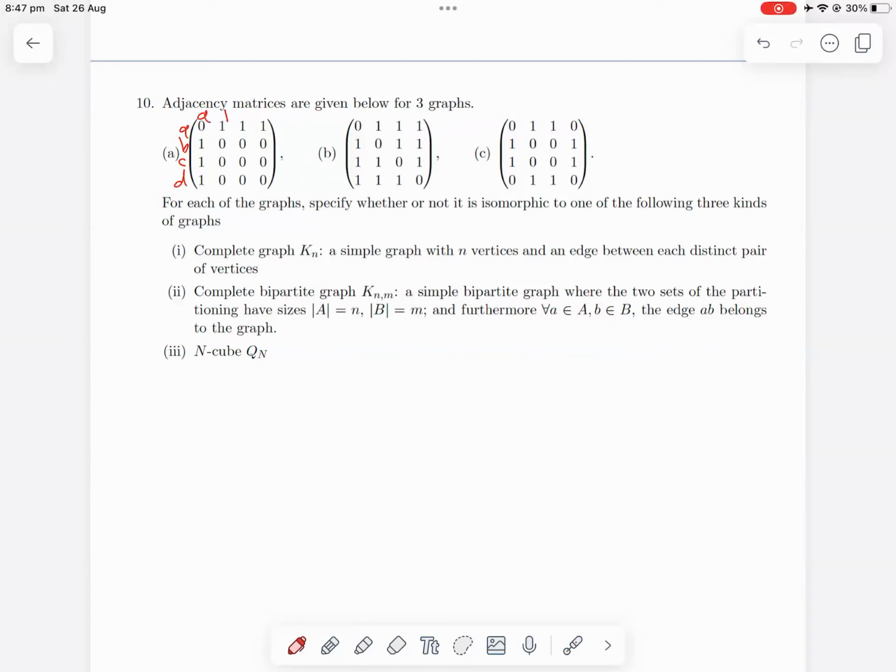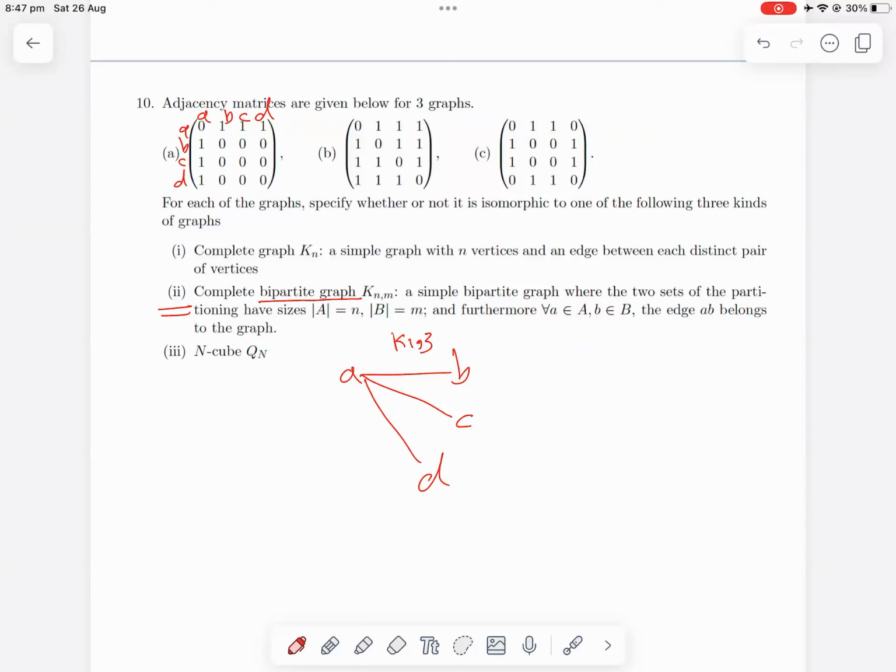We see A, B, C, D. A to B, A to C, A to D, so it's this one. It will be K1,3, which is describing this bipartite graph.